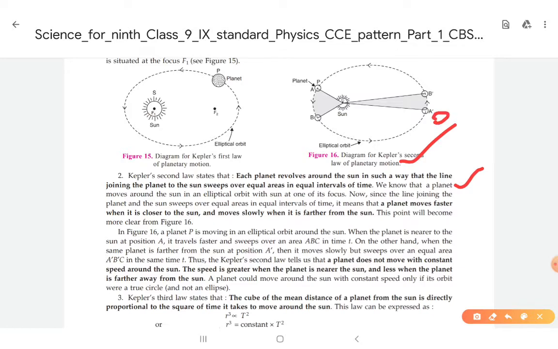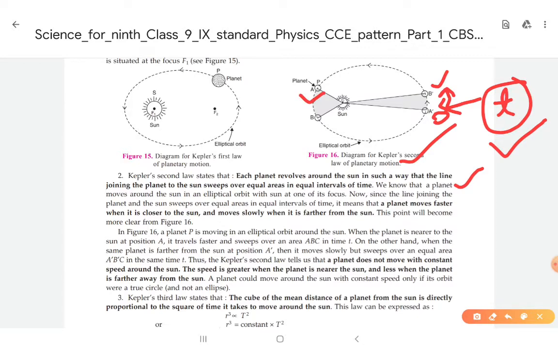At first the planet position is a dash, and after time t this planet moves to b dash. Let me revise this: suppose a planet is situated at a dash, and after time t it is at b dash.